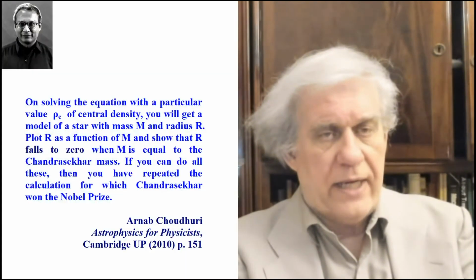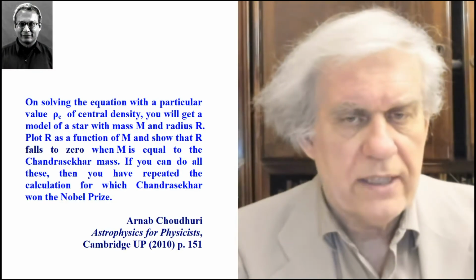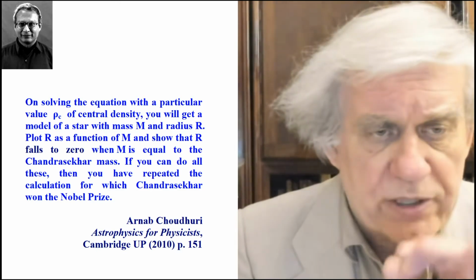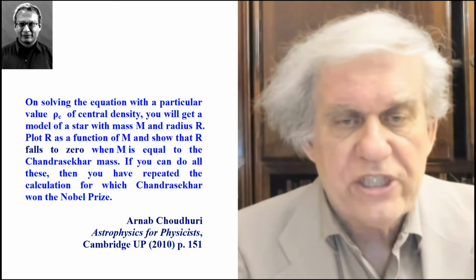wrote a book and published it at the Cambridge University Press. Okay, so he was a teacher, a professor for many years in different universities. Okay, so he's not a nobody, he's a somebody. Okay, not the biggest somebody, but certainly a guy who was specialist in this kind of subject matter in black holes. It says, on solving the equation with a particular value rho of central density, you will get a model of a star with mass m and radius r.